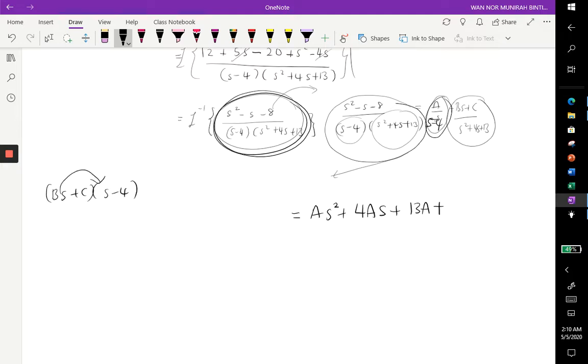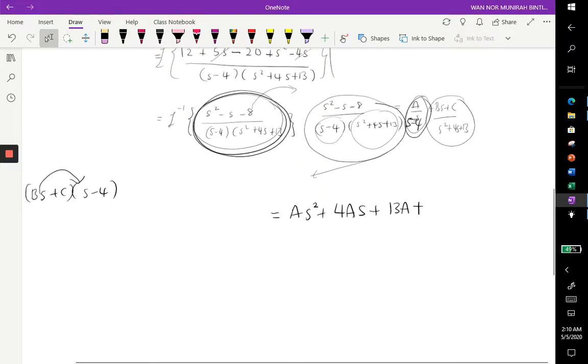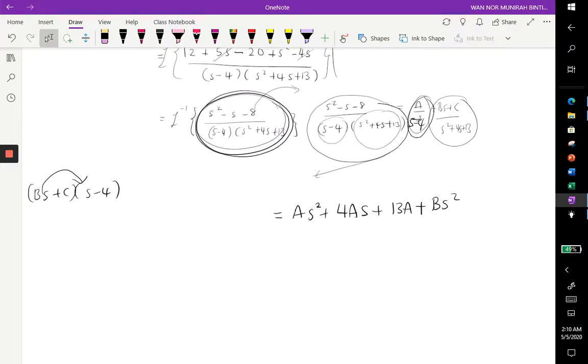So we have plus Bs squared minus 4Bs, plus Cs minus 4C. Okay, so for s squared we have A. Neater now.